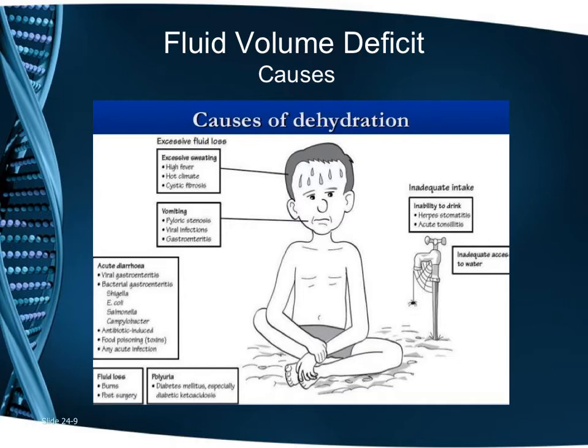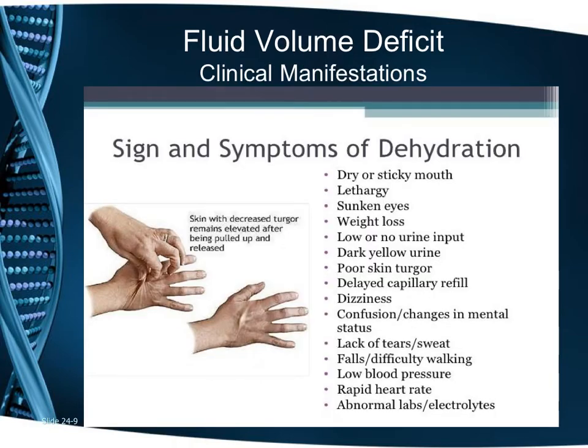Excessive fluid losses can be due to conditions such as vomiting, diarrhea, hemorrhage, wound drainage, burns, diuretic therapy, and others. Clinical manifestations of fluid volume deficit can include weight loss, altered cardiac functioning, such as tachycardia and low blood pressure, poor skin turgor, oliguria, no tearing or saliva in kids, LOC changes, and others listed on this slide.